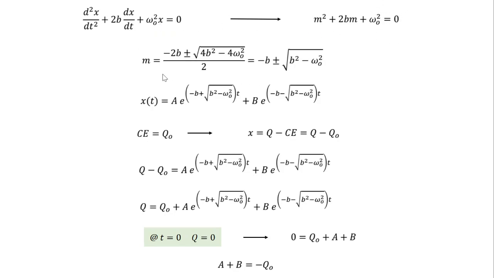Find the roots. m equal to minus 2b plus or minus square root of 4b square minus 4 omega naught square, divided by 2. And this is going to be minus b plus or minus square root of b square minus omega naught square. So your m1 is minus b plus the square root, m2 is minus b minus the square root.